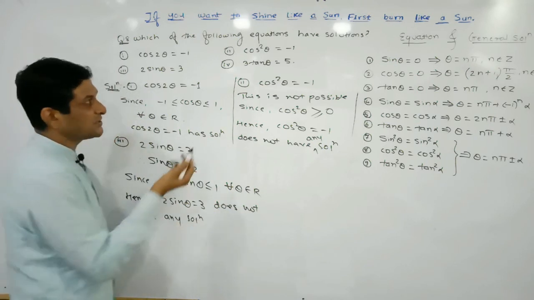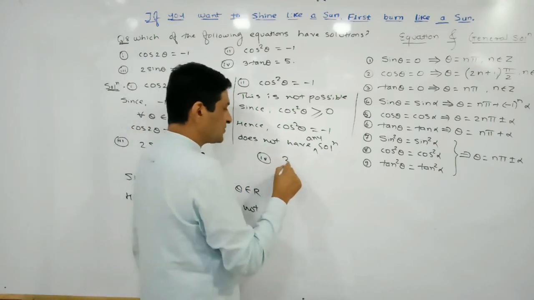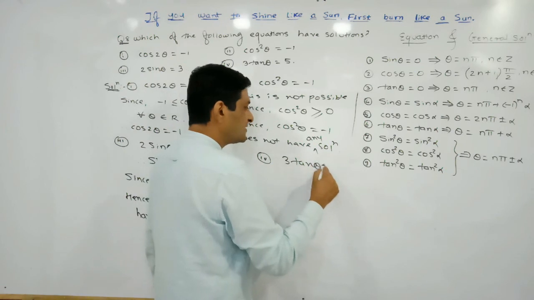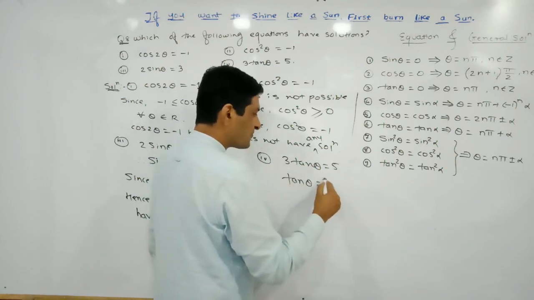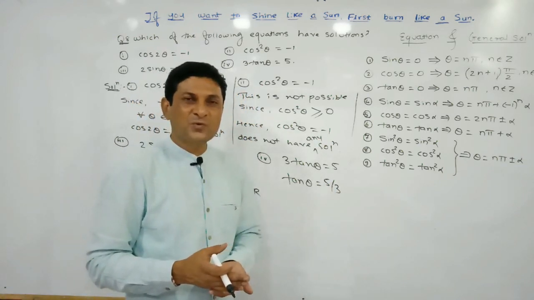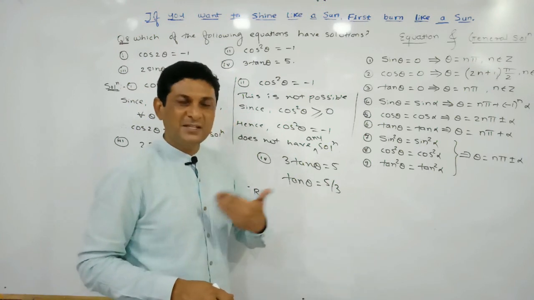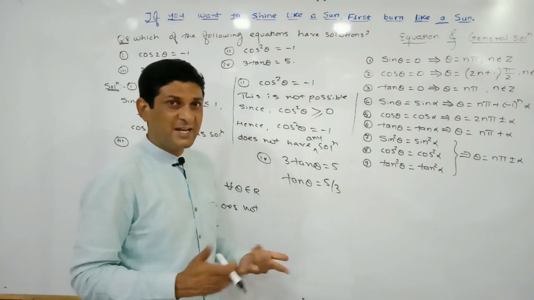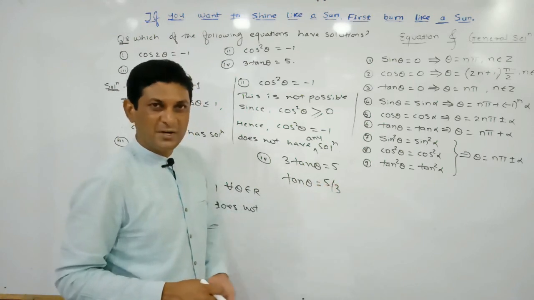Now observe the next equation. In example number 4, the given equation is 3 tan theta is equal to 5. So here tan theta is equal to 5/3. And we know that tan theta takes values from the set of real numbers. And this 5/3 also lies in the real numbers. The value of tan theta is any real number, and here 5/3 also belongs to real numbers.